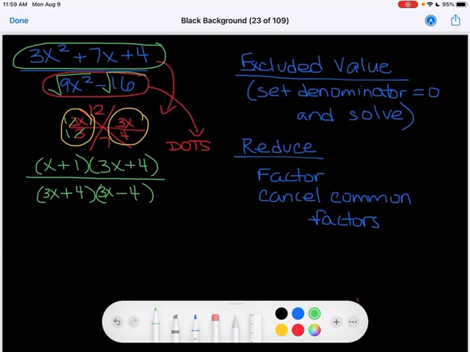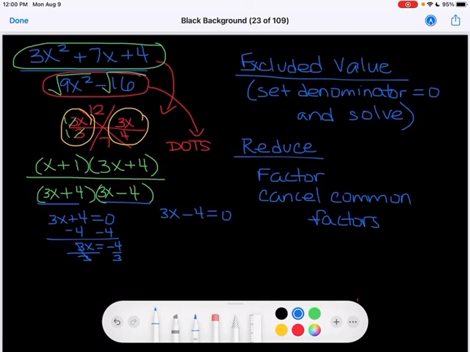Now, before I cancel anything, I do need to find my excluded values. I need to set the factors in my denominator equal to 0. So I need to set 3x plus 4 equal to 0 and the 3x minus 4 equal to 0. And then I solve. So I'd subtract 4 and divide by 3.